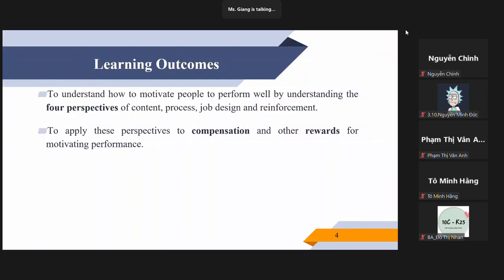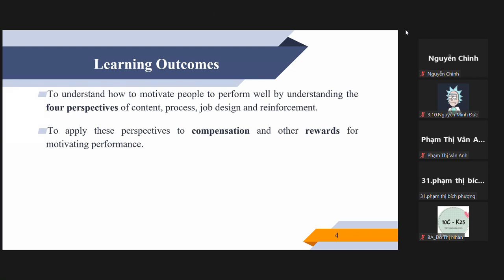Let's check the learning outcomes. In the learning outcomes, we will have the 2 main ones. The first one, understanding how to motivate people to perform well by understanding the 4 perspectives of content, process, job design, and reinforcement.